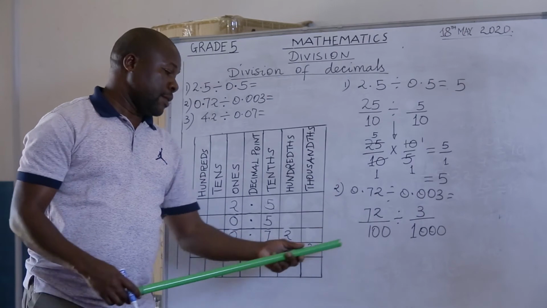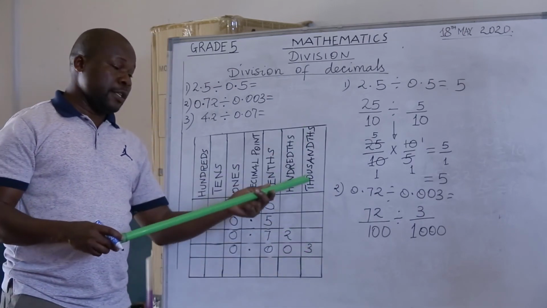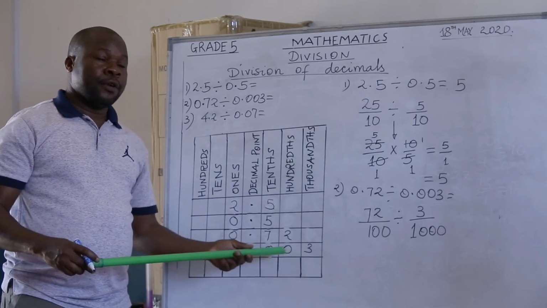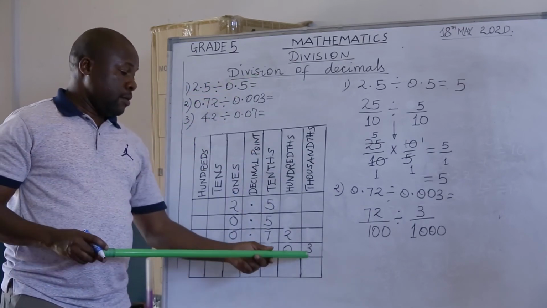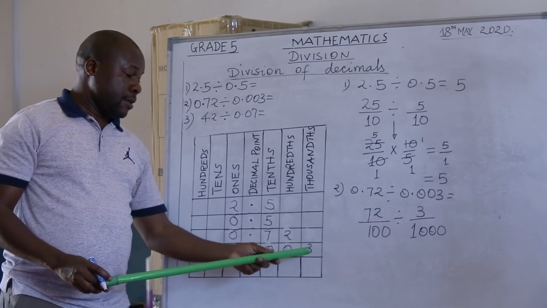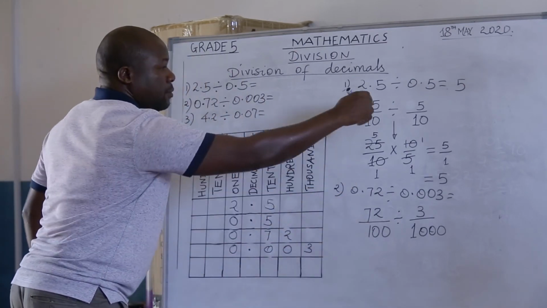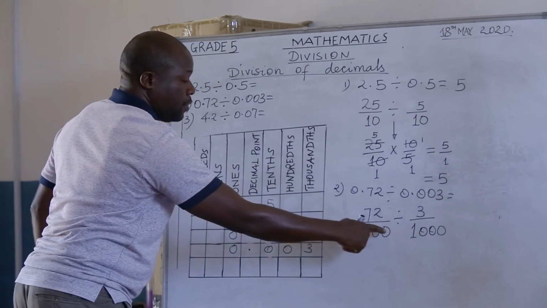Where did we get the 1,000 from? The 1,000 comes from the name of the last place value of our decimal number. 3 thousandths.